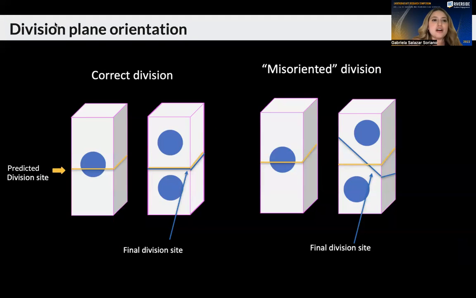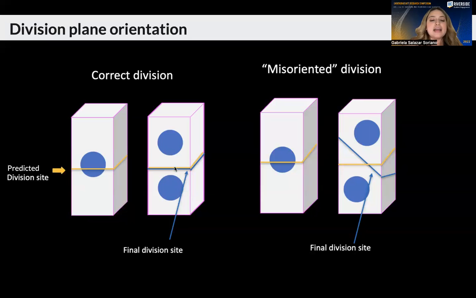Okay, so to start off, our lab studies division plane orientation. And division plane orientation can be described as the final position in which the cell places its cell wall. And so in a quote unquote correct division, you have the cell establish a predicted division site early in mitosis.